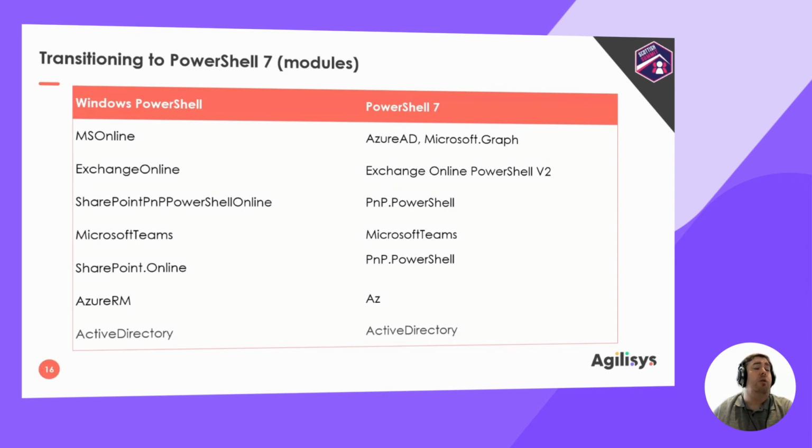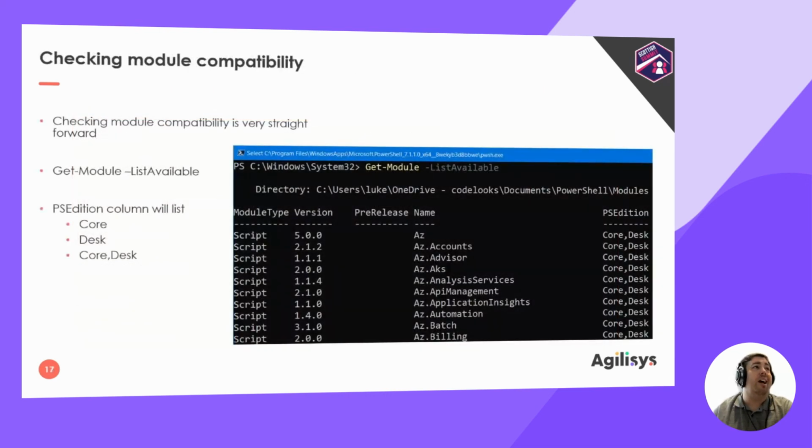I think one of the good ones is, how on earth do I actually understand whether a module is compatible or not? What I would say is relatively straightforward is checking module compatibility. On your machine, you can quite easily just type get-module and list available. What you'll see is there's a PS edition column, and this basically will tell you what versions this module is compatible with.